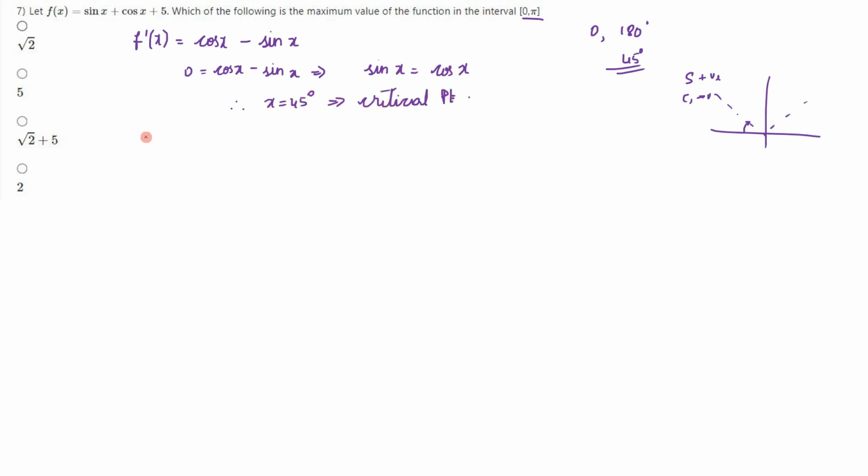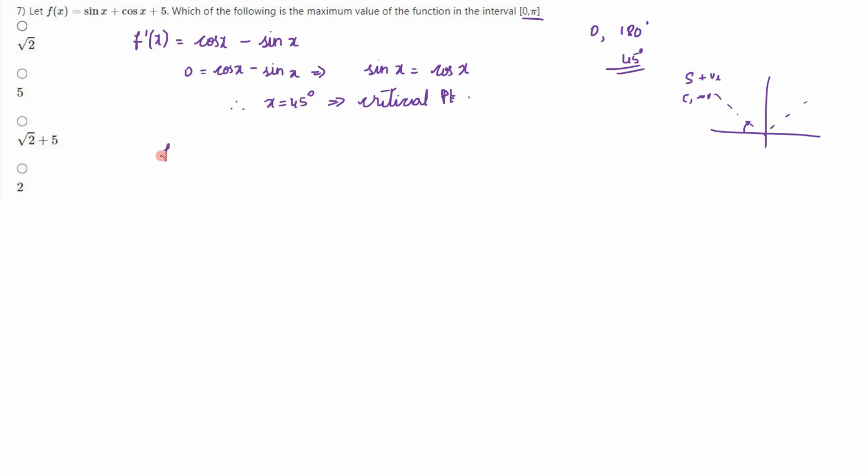Okay, so now whether this critical point is maximum or minimum? For that we have to go with the second derivative method, or directly we can substitute this 45 degrees in the f of x and find out the maximum or minimum value. Since we have only one critical point, that will be the maximum value, right?